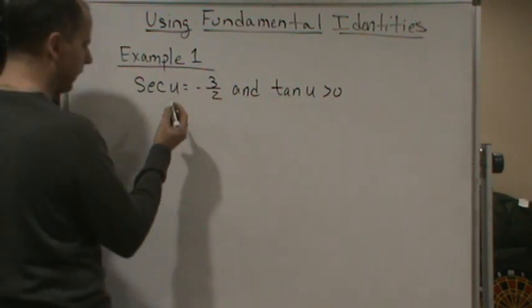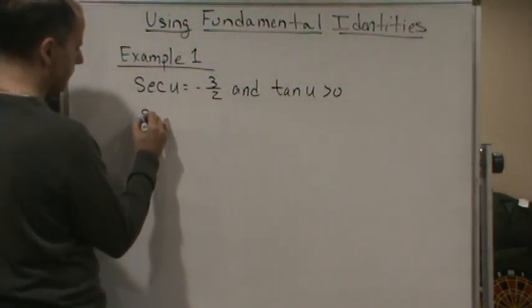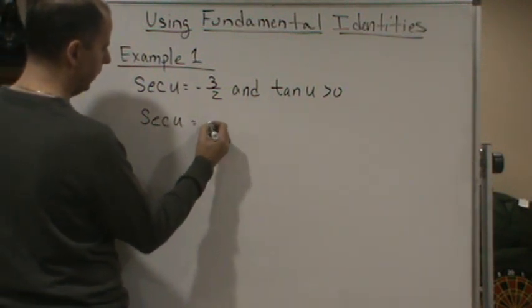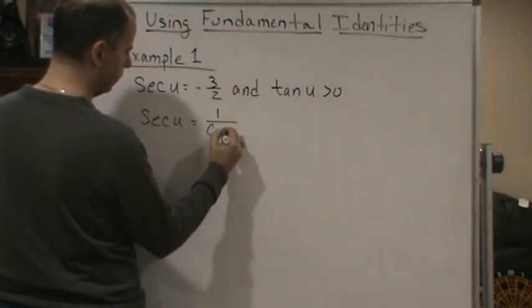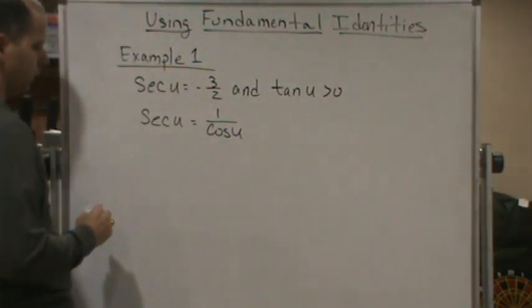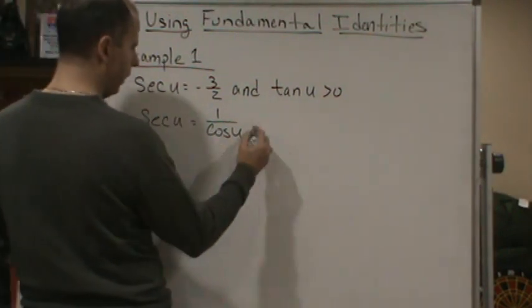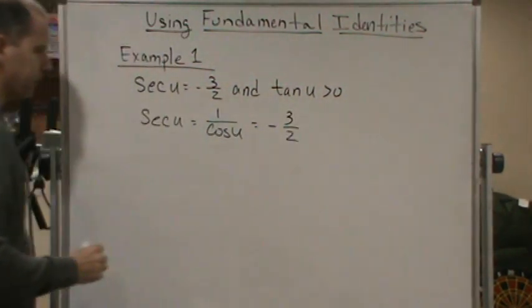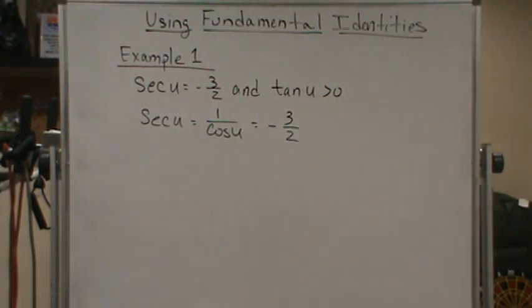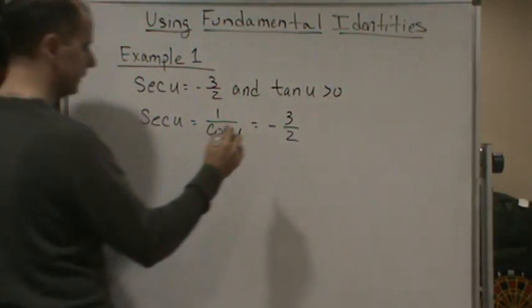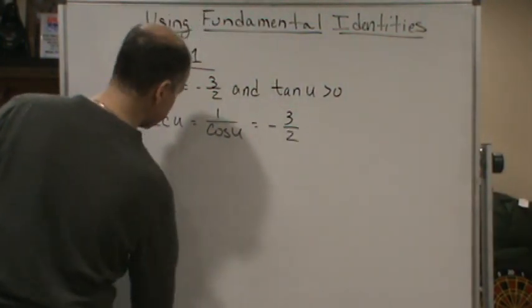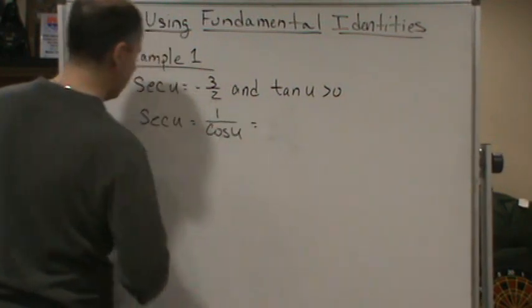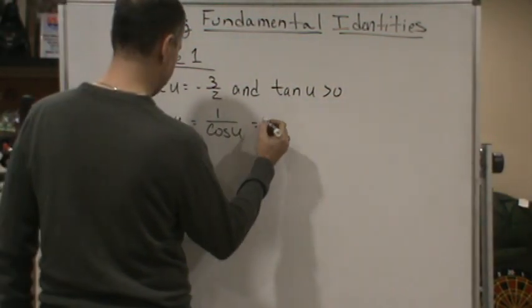Let's use our identity. So we've got secant u equals 1 over cosine u, which is equal to -3/2.